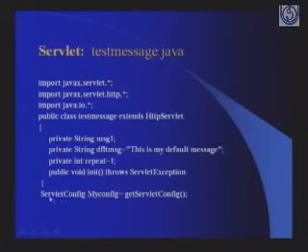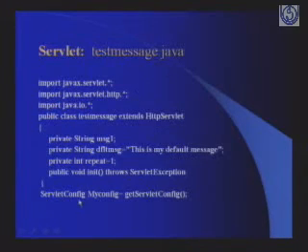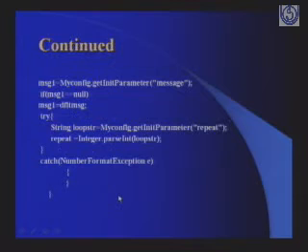So servlet config, if you see, my config object I am creating, and in this object I am assigning get servlet config method, and it will get the servlet configuration object. Now MSG1 I am creating my config dot get init parameter. Now see, my config I have created here, the name of this servlet config object is my config, and this my config I will use for getting the parameter from the web XML.